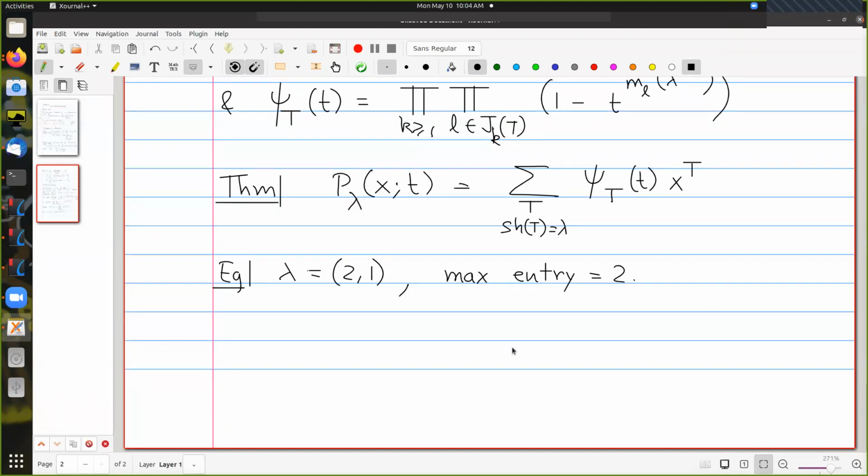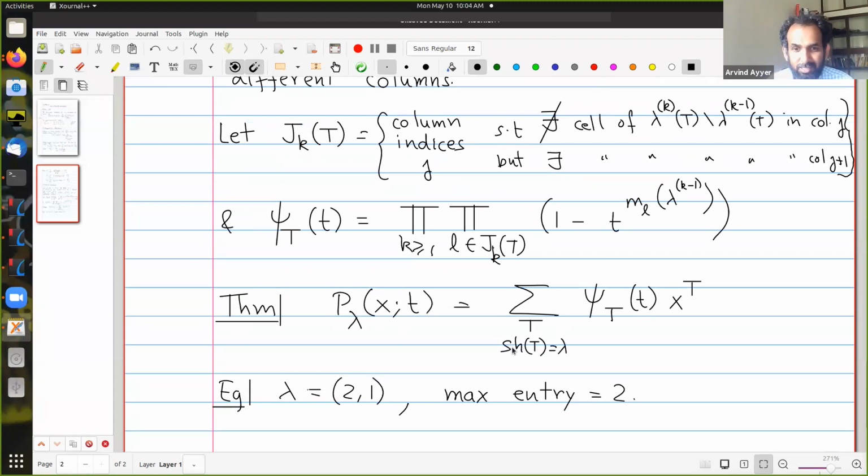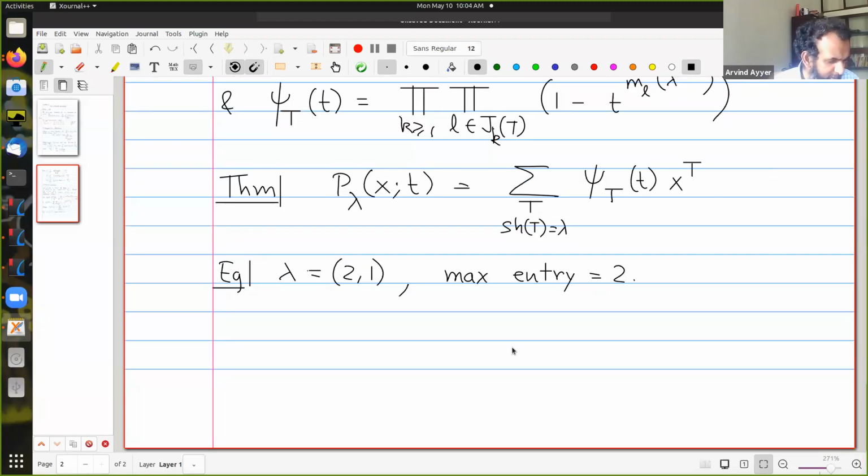Okay, so let's do this. This is going to be some bit of jugglery. I take the partition 2, 1. The maximum entry is 2, so there are only two tableaux. The first one is this.